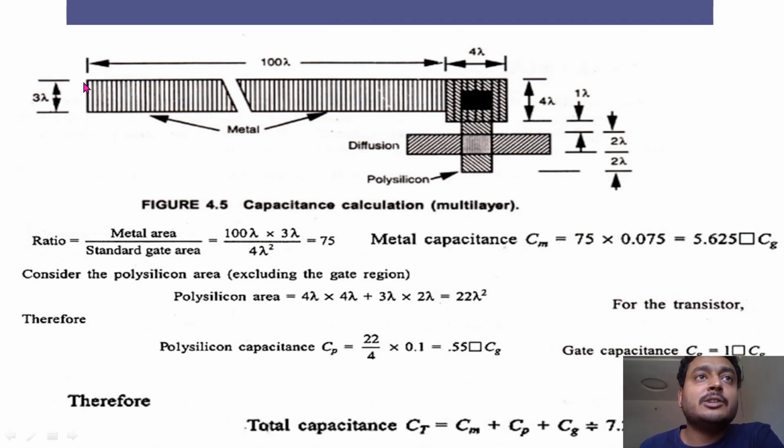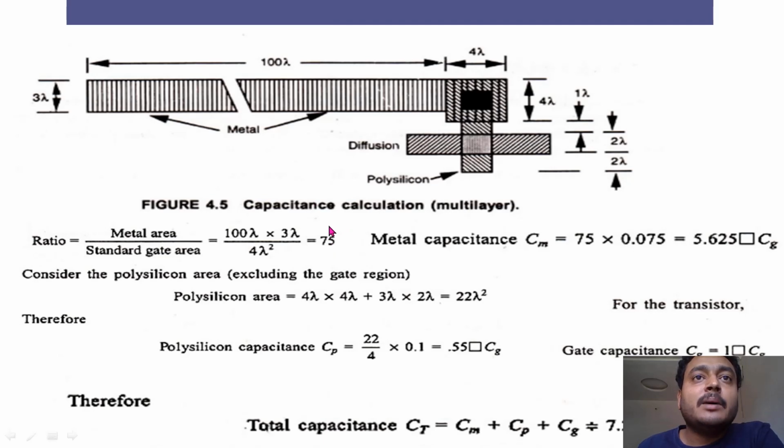The relative area of the metal: the layer length for metal is 100 lambda into 3 lambda. So the metal area is 100 lambda times 3 lambda divided by the standard gate area, which is 2 lambda into 2 lambda, nothing but 4 lambda square. So you are going to get the value of 75. Okay, right. So how to calculate metal capacitance?